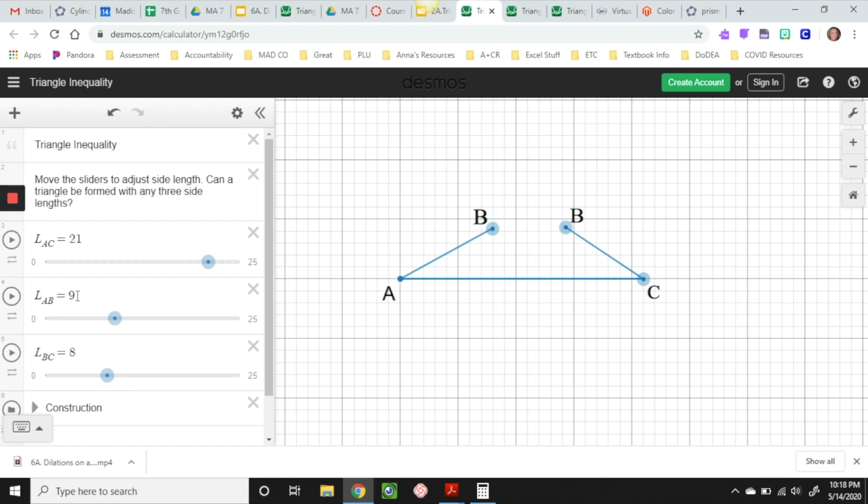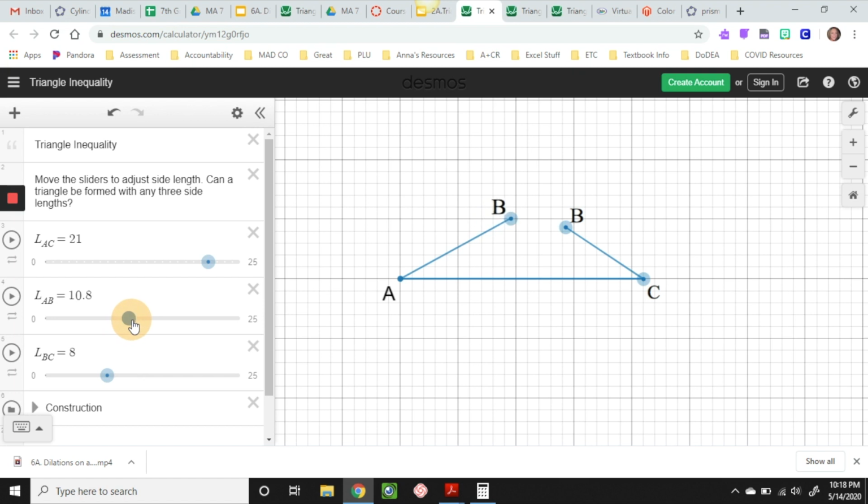So you can see here that if I added my two shorter sides, my 9 and my 8, that would give me 17. And 17 is not larger than 21. And we know that in order for three sides to form a triangle, the sum of any two side lengths must be greater than the third. So that's why these particular side lengths do not form triangles.